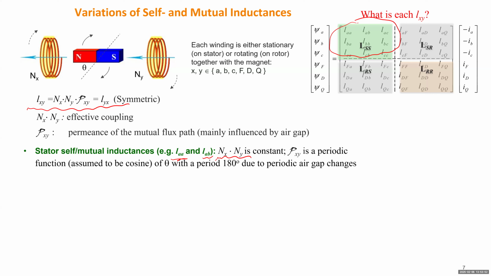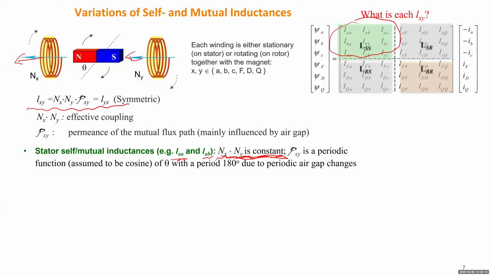If both face the same direction, their product is simply the product of their numbers. If they are separated by a certain angle, it's like a dot product: the product of the numbers multiplied by the cosine of that angle. But for two stator windings, this product will be constant.